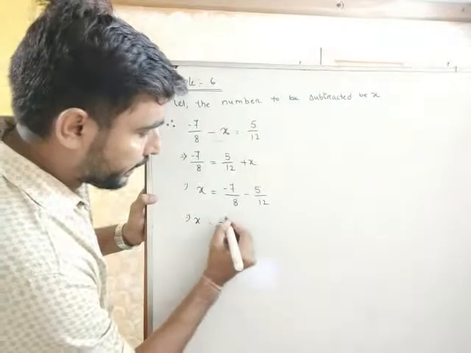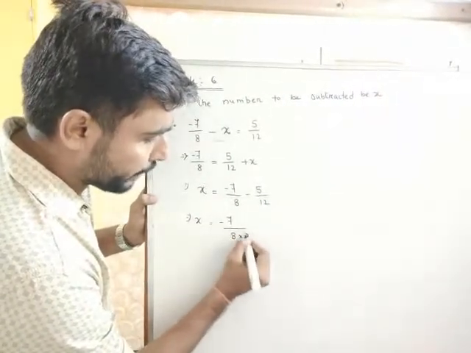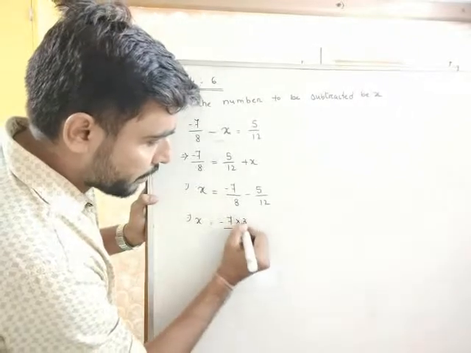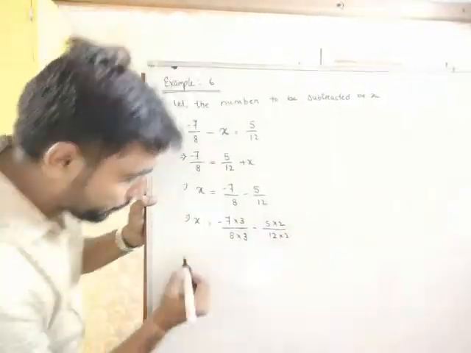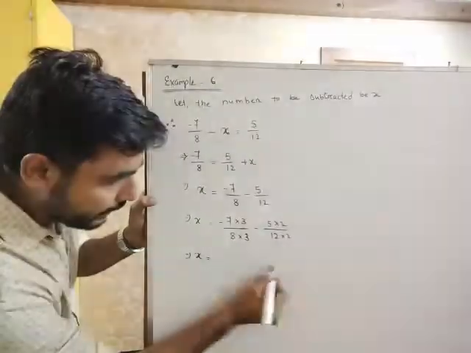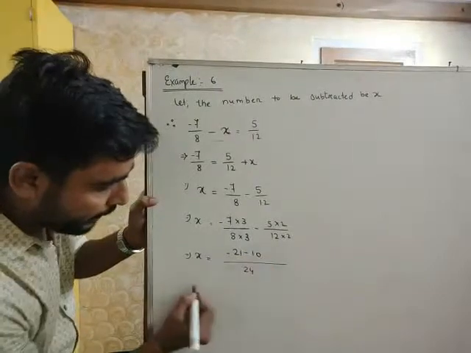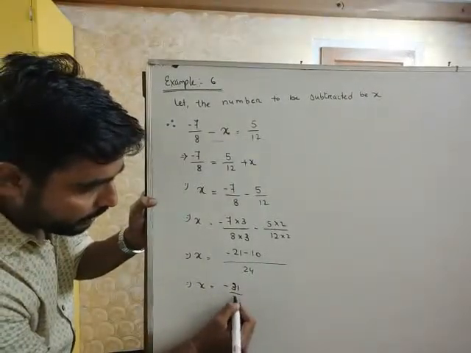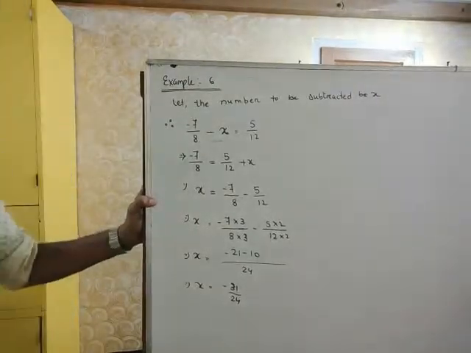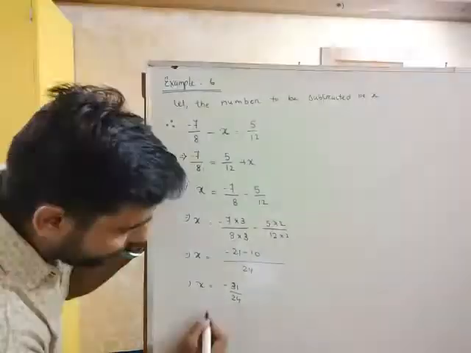LCM of 8 and 12 will be what? 8 times 3 is 24, 12 times 2 is 24. So 8 into 3, minus 7 into 3, 12 into 2, so 5 into 2. So the LCM is 24, minus 21 minus 10, which implies x is equal to minus 31 by 24, which is the required number.